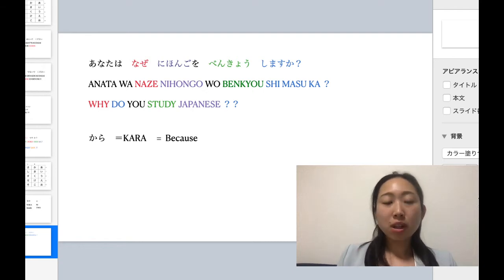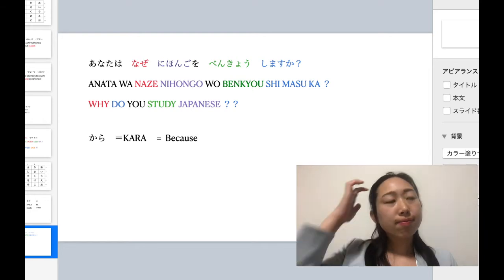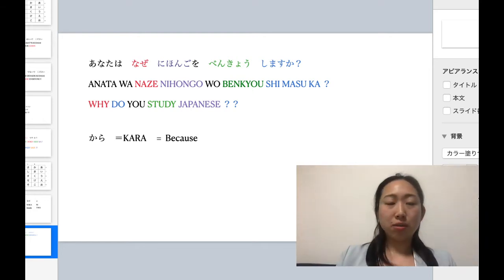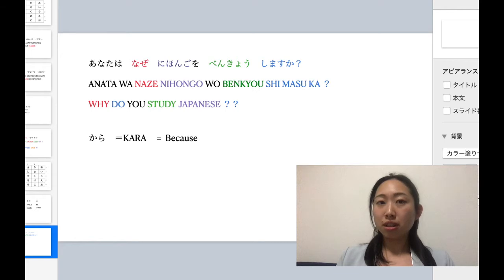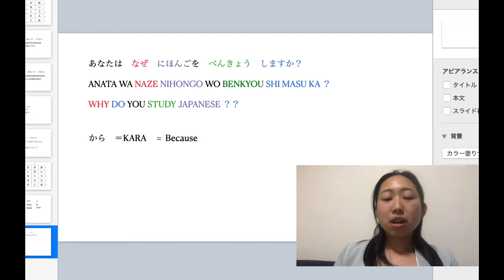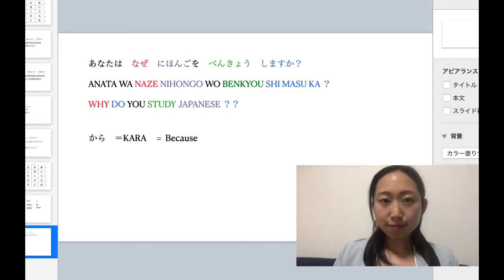Like maybe some of you know ので, or some of you maybe know それは何々です, just the whole sentence. But maybe から is the very simple and basic way to answer. So let's learn this today. Okay, から. So how do you answer if you are asked なぜ日本語を勉強しますか?